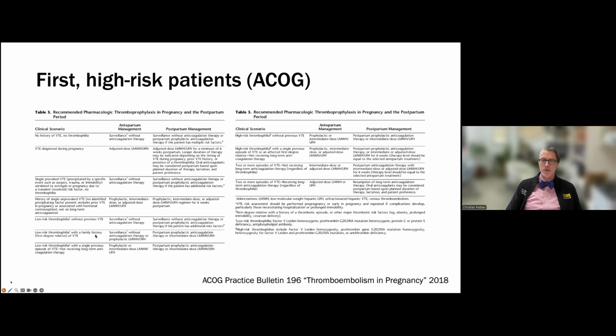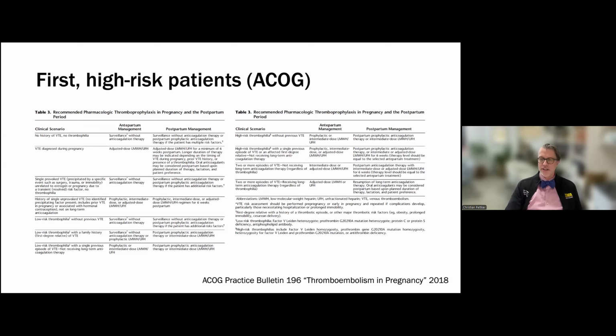But then you have a patient with a low-risk thrombophilia, like a heterozygote of factor V Leiden or a heterozygote of the prothrombin gene with a family history of VTE. Generally, the recommendation for somebody like that, who's one of the more common people that we would be looking at this table for, is that patient would probably just get postpartum prophylactic anticoagulation.